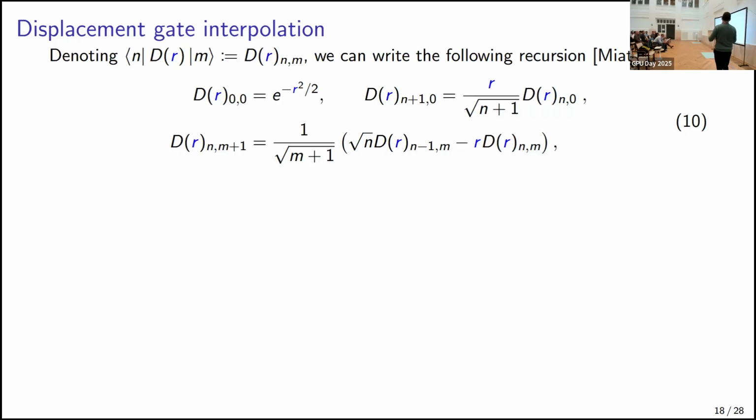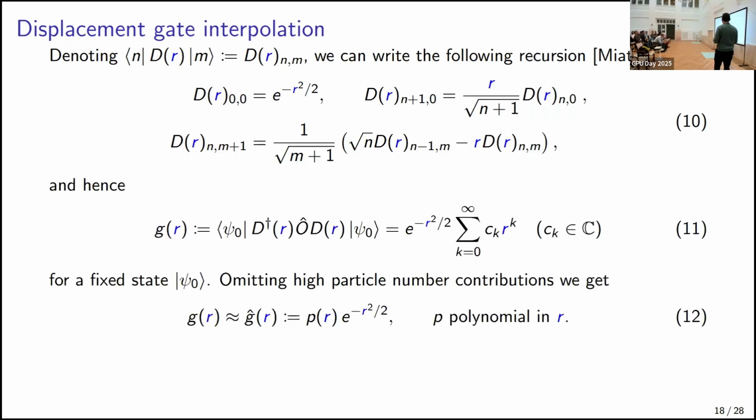Is it a trigonometric polynomial or a polynomial? What is the dependence of the expectation values with respect to R? And that's why we want to calculate the matrix elements of these displacement gates. The problem is that it's an infinite dimensional matrix, so we have to cut it off somehow. And also it's not easy because we have these recursion formulas.